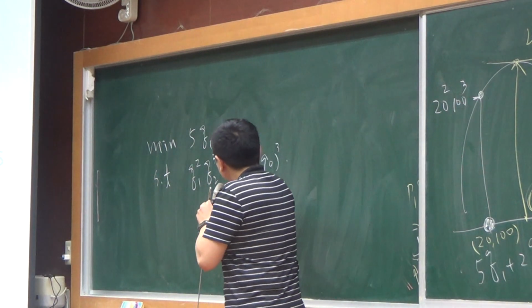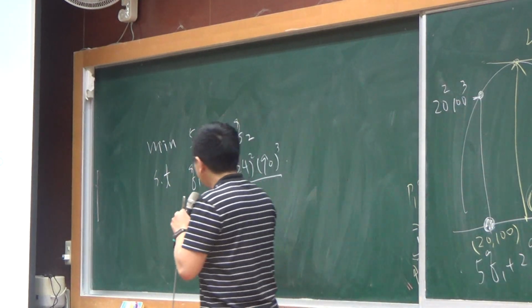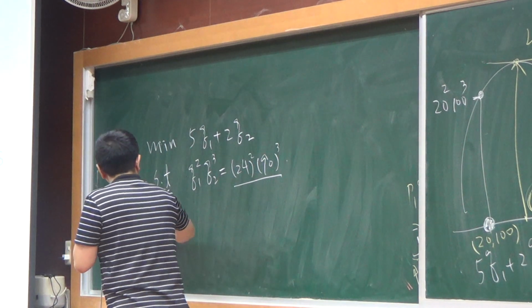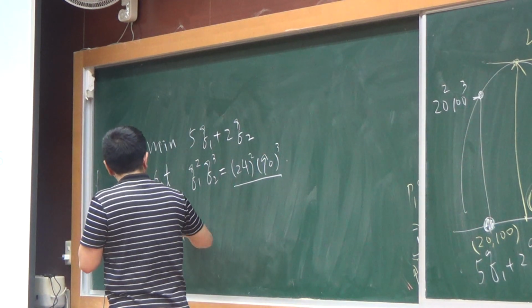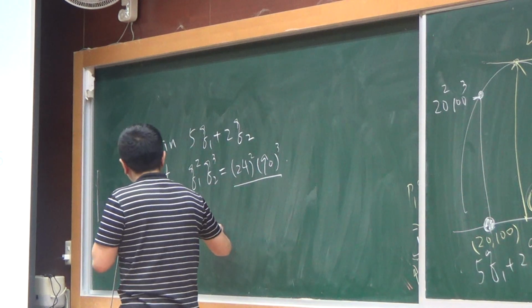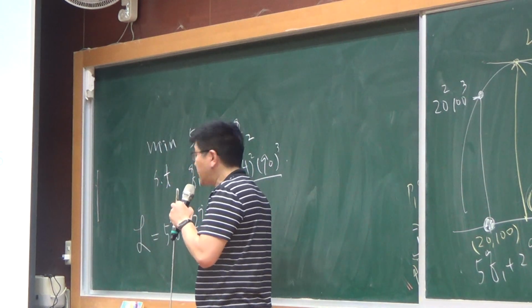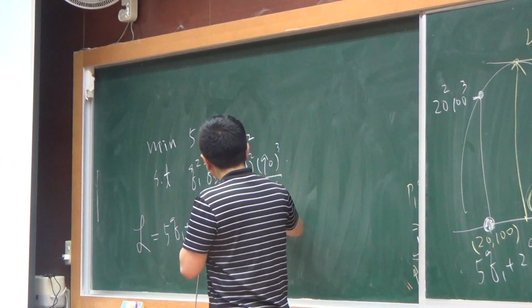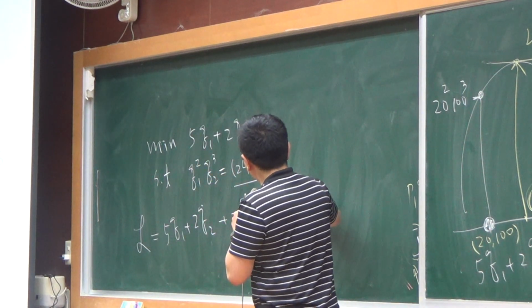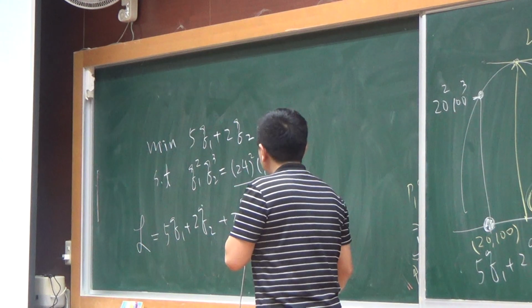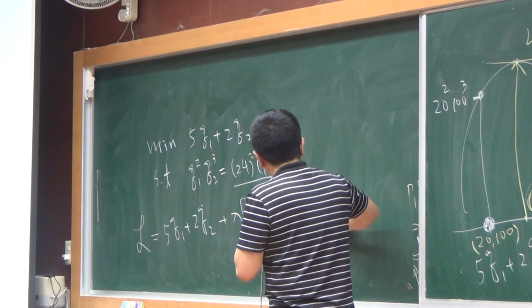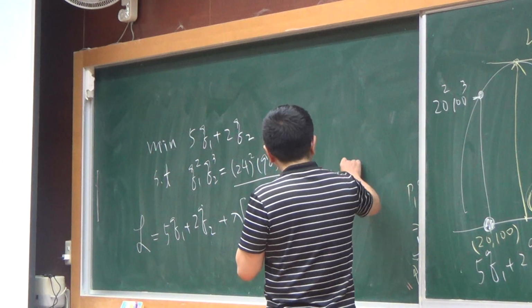Okay? Now, this would be U bar. And the Lagrangian would be 5Q1 plus 2Q2. This is our target, the expenditure. Plus lambda times 24 squared 90 cubed minus Q1 squared Q2 cubed.